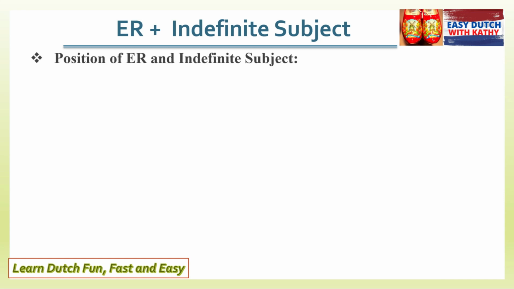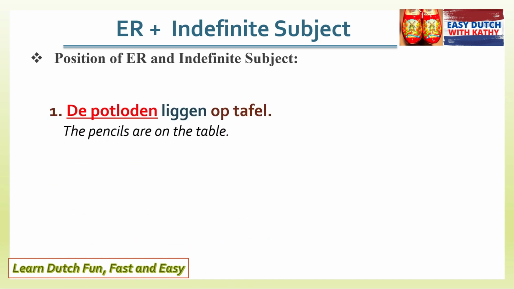So, after the two above examples, we can clarify the position of er and indefinite subjects. Let's take a look at the first sentence. De potloden liggen op tafel. De potloden is a definite subject.